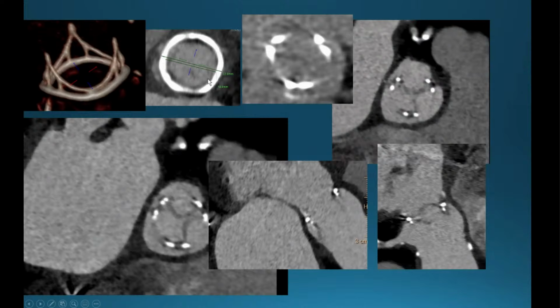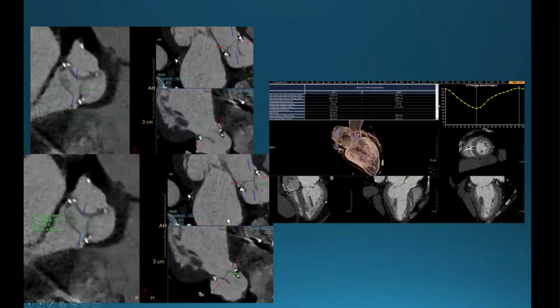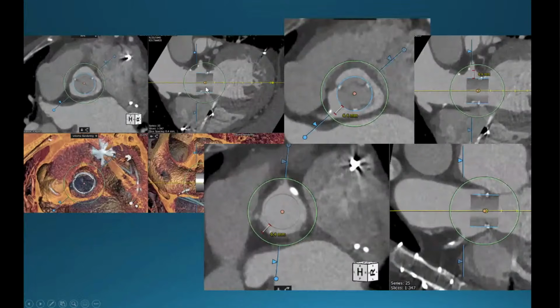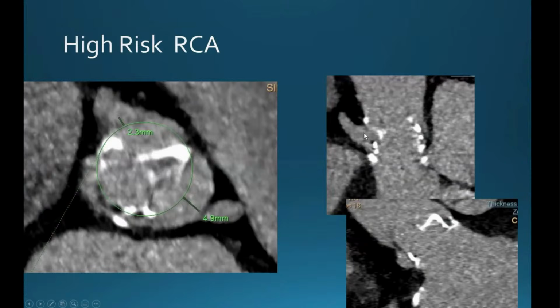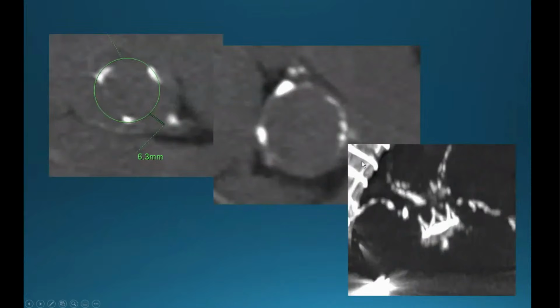You have to give them the diameter, and then basically you can deploy a virtual valve and look at the relationship between the coronary ostium and the virtual valve, and anything less than 6 millimeters we consider high risk, right? So this case was all good. The RCA was actually supra-prosthetic, above the bioprosthetic valve, so that's safe.